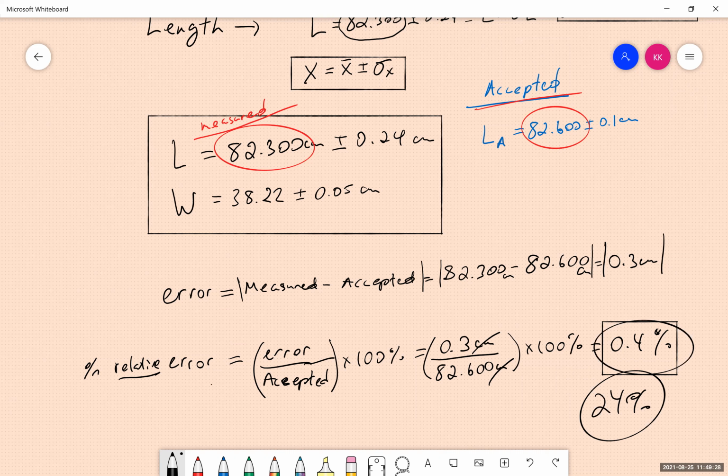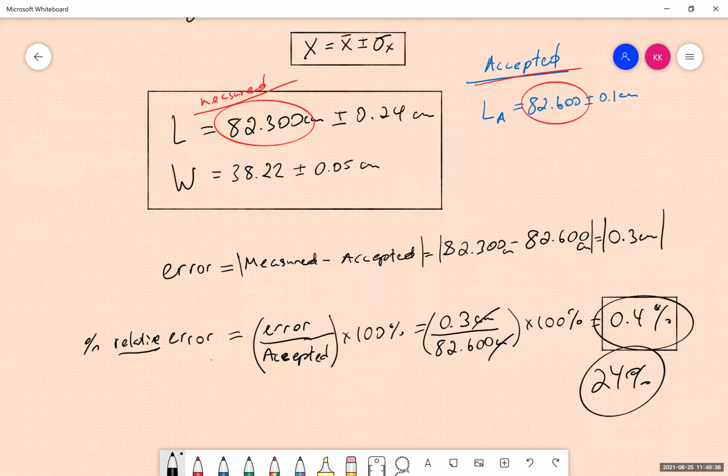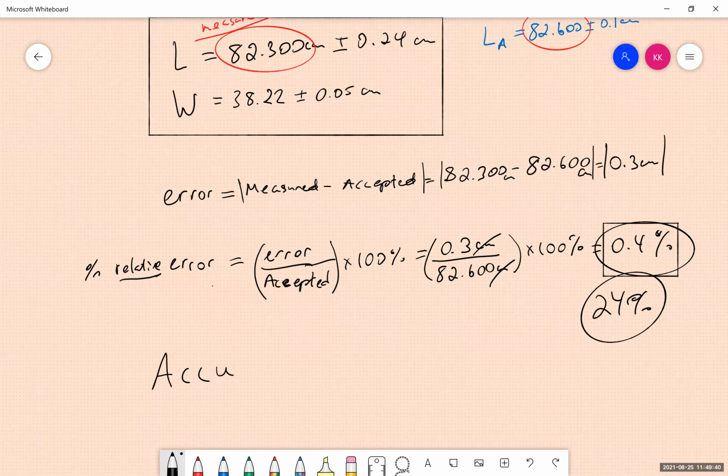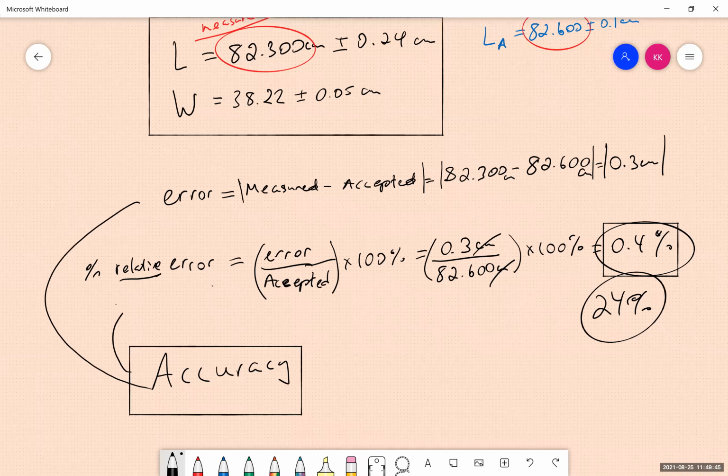So the accuracy is basically in terms of verifying if your experiment is close to the accepted value or not. So this is basically what we did. We looked at accuracy. Accuracy is something that we're going to be looking at a lot in our experimental measurements. Is our experimental measurement, usually the average, compared to the accepted value of the average?